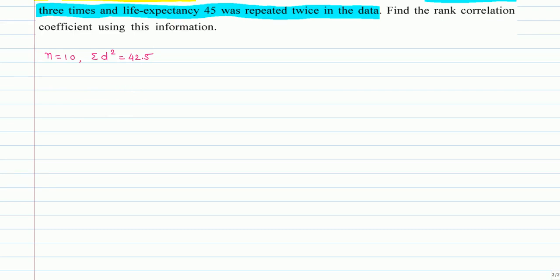The first column is repeated observations, then the number of times the observation is repeated, and then m cube minus m by 12.